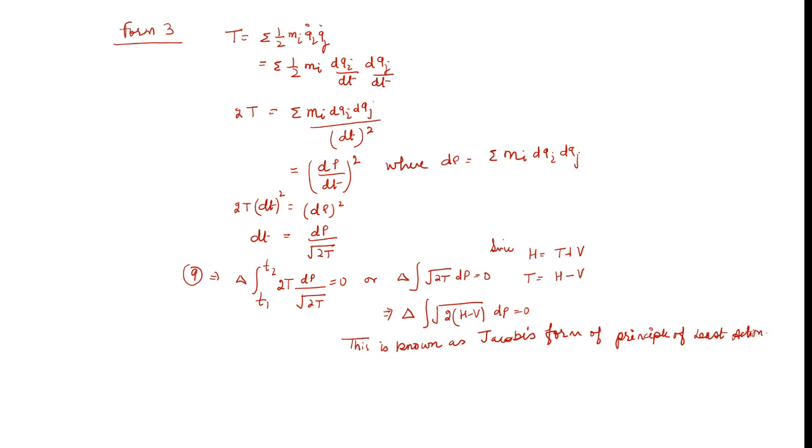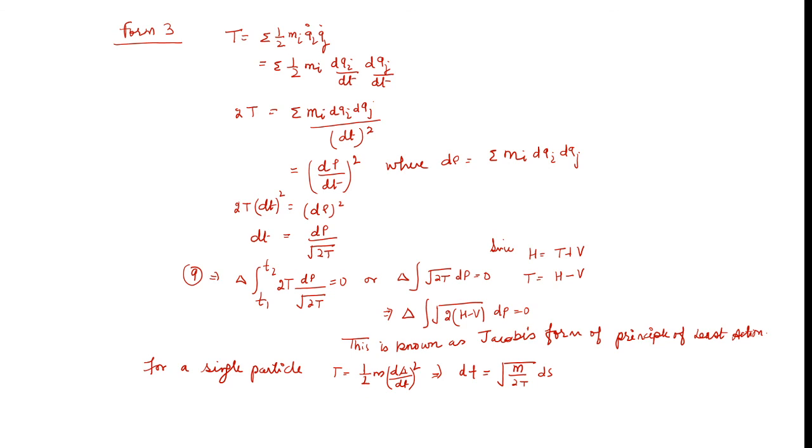Right? These are the forms for a system of particles. If there is a single particle, then for a single particle T will be half m v square, that means half m (ds dt) square. So from here dt will be square root of m upon twice T ds.